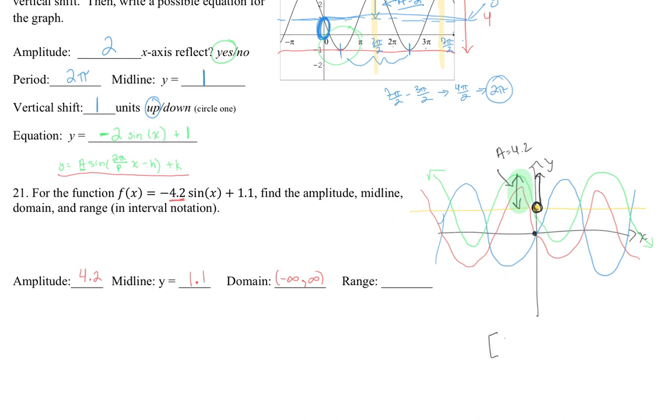So 1.1 minus 4.2 is the bottom part of our range, and the top part of our range is 1.1 plus 4.2. So that ends up being -3.1 and 5.3. That means our highest point we can reach on this green graph is 5.3, and the lowest point we can reach is -3.1.